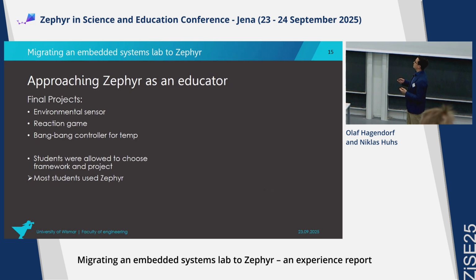The other one was a reaction game with the navigation switch, different colors of the LED, and scorekeeping and rising difficulties, and also a kind of simulated controller for temperatures, using the temperature sensor and the RGB LED for simulating heating and cooling.